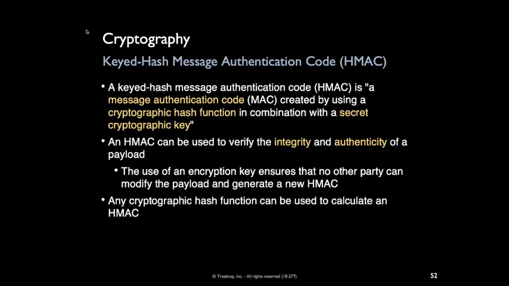And an HMAC can be used to check the integrity and authenticity of a payload, because if the receiver generates a new hash using the same secret key, then I know that one, the message hasn't been messed with because the hashes match up, and two, nobody was able to generate a fake one because the sender has the secret key and I have the secret key, nobody else does, and the secret key was not sent as part of the message. Digital signature.